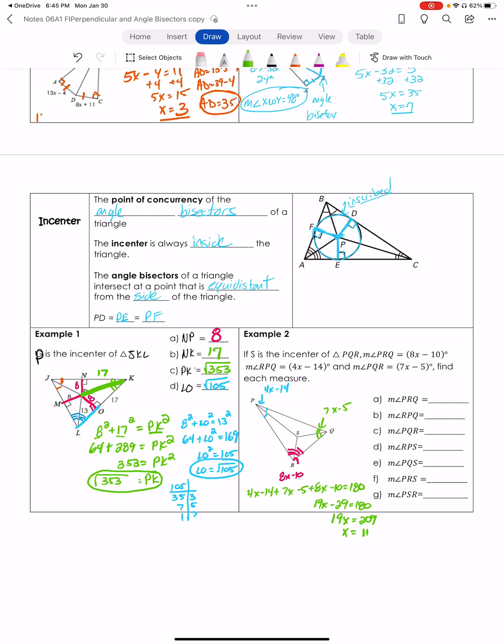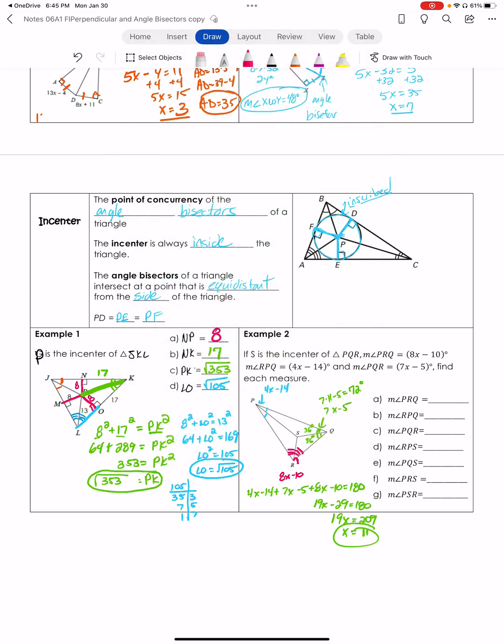Okay, so x is equal to 11, so I know that this is going to be 7 times 11 minus 5, which is 72 degrees, which means each one of these angles is going to be 36 degrees.